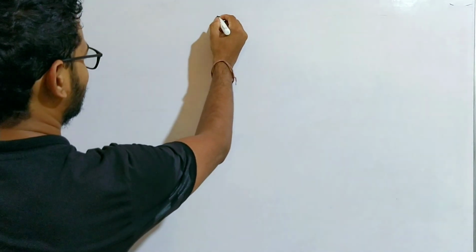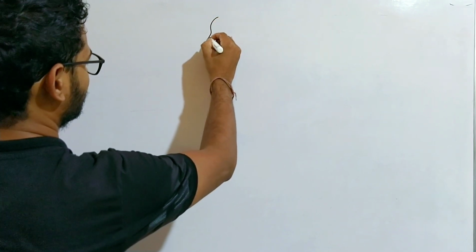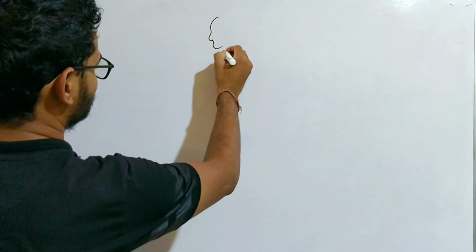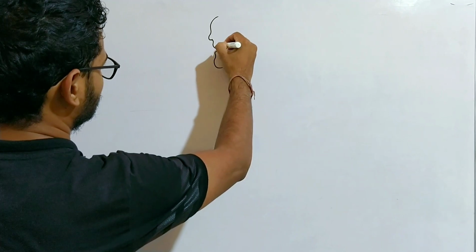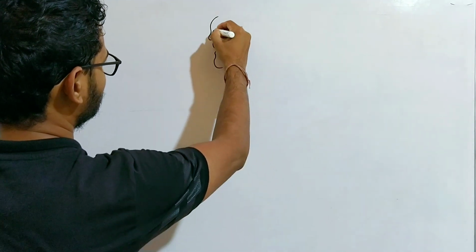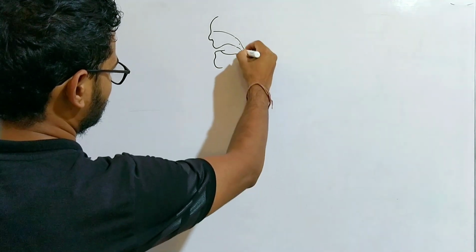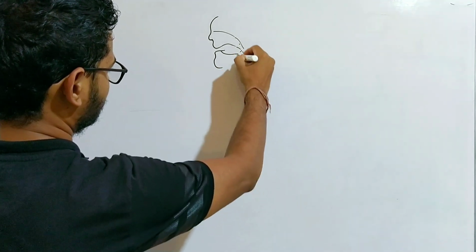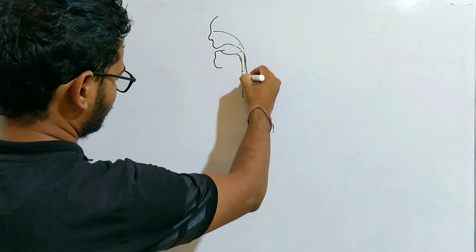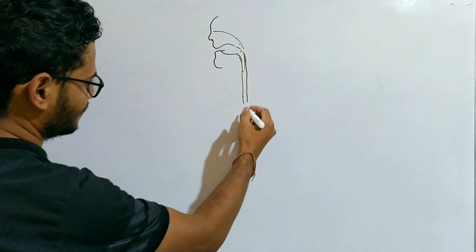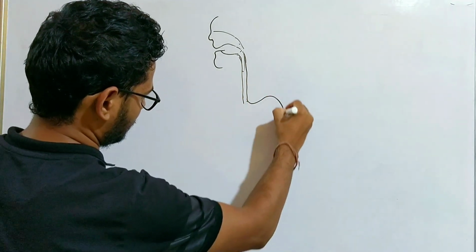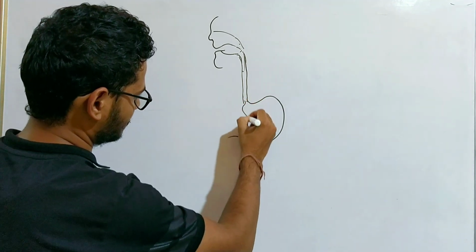So look, here I am drawing a diagram of the digestive system of human. So this is the buccal cavity, this is the nasal cavity, and it will continue downward, the esophagus, then the stomach is present.